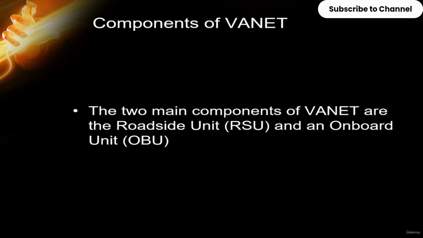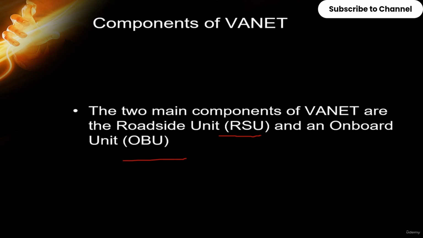Now you see it uses only two components, one is RSU, another one is OBU. The RSU is a roadside unit and the OBU is an onboard unit. The OBU is usually located inside the vehicle, and the RSU is typically placed along the pathways of travel. Along the path, every RSU is connected to every other RSU, and the primary role of RSUs is to send messages to other OBUs as well as other RSUs.